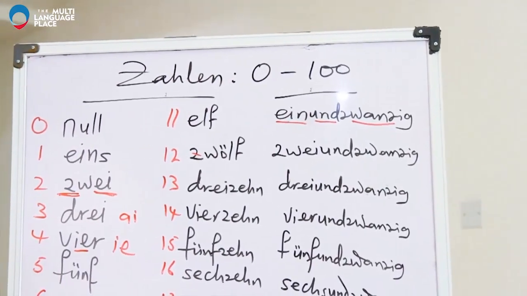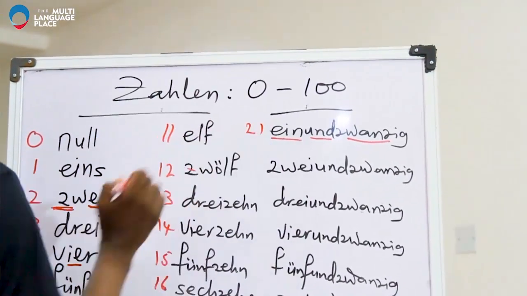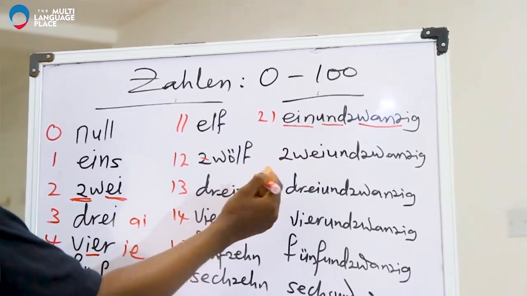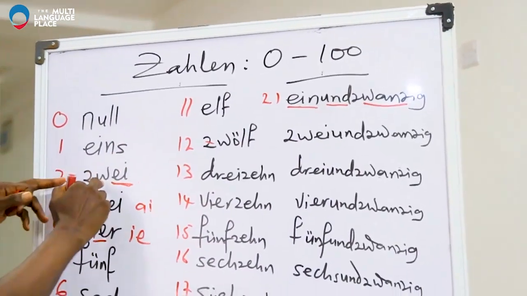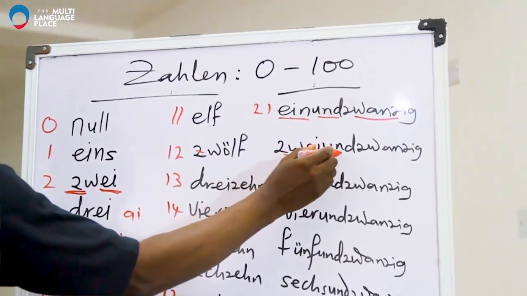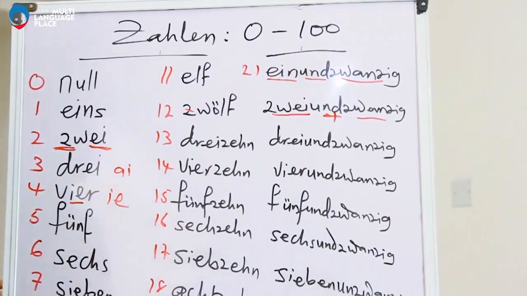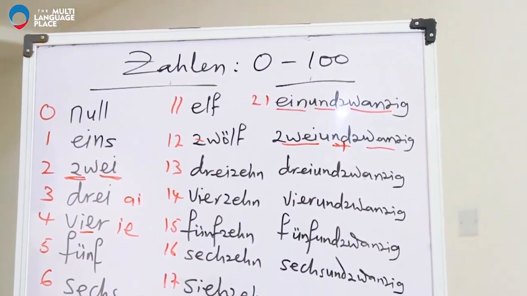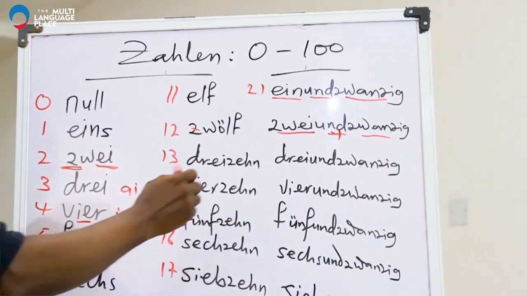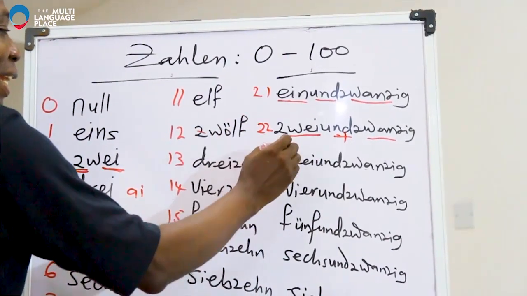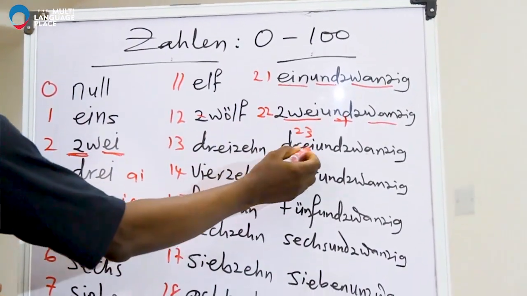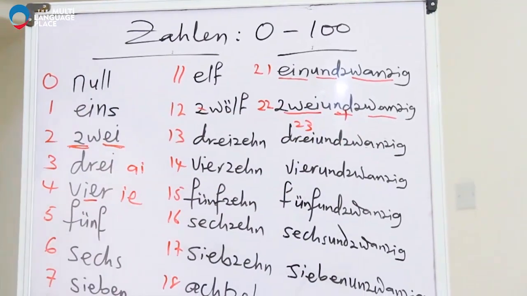And then we come to the next one. This is 21. And then we have 22. Just take the 2 here: 2 and 20, or if you like, 2 plus 20. 2 und 20. The next one, 23: 3 und 20.